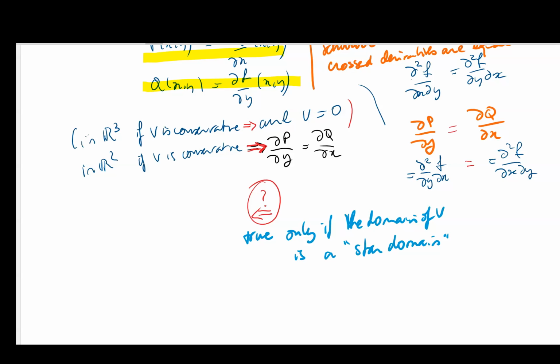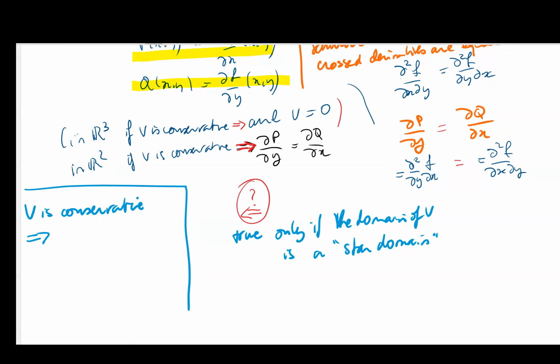Just to sum up, let me write that here. If V is conservative, then dp over dy is equal to dq over dx.